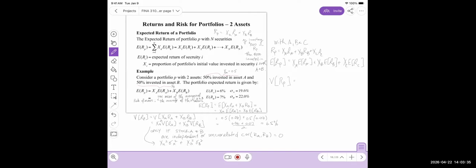Would it be XA squared sigma A squared plus XB squared sigma B squared, and then the same with C, and then instead of 2, would it be like 3 XA XB XC? That's exactly your instinct, right? And maybe it's 3 because it was 2 for 2, so it should be 3 here for 3.